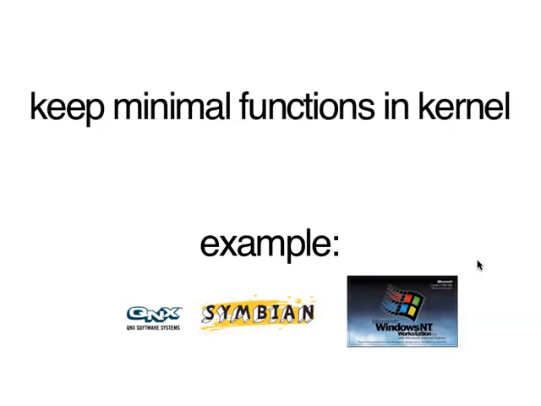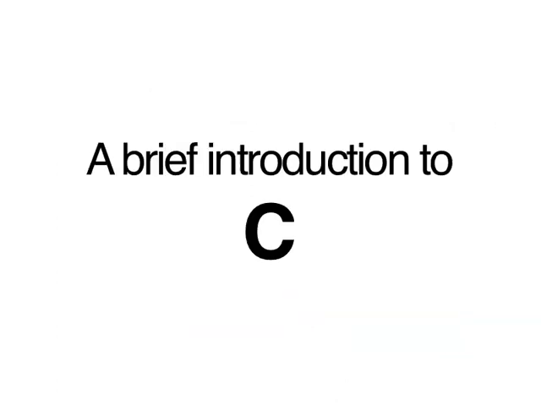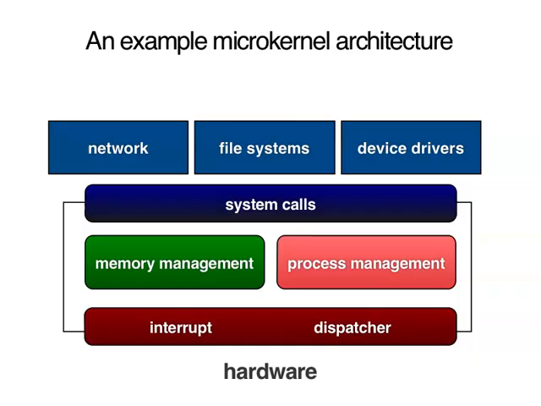But later it turned out that Windows NT is even slower than Windows 95. The reason is that because of this microkernel architecture, there are a lot of system calls that need to be made. And so later on, Microsoft started to move some of these things back into the kernel to optimize the performance.